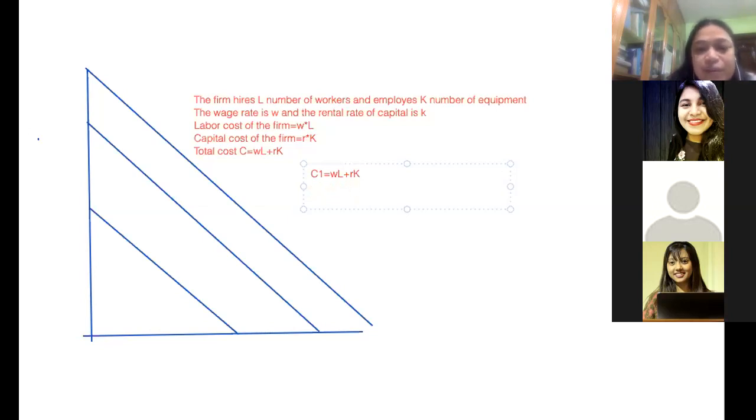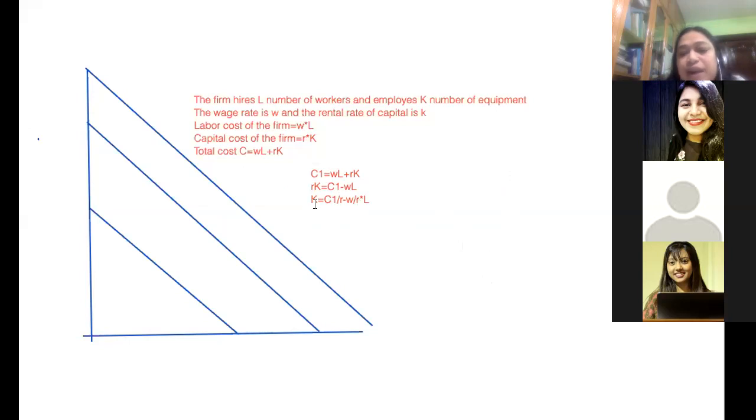I don't want to switch the axis and confuse you. So let's say RK is equal to C1 minus WL. So capital is equal to C1 divided by R minus W by R into L. Out of which we can see that this line is an isocost line with a cost C1.